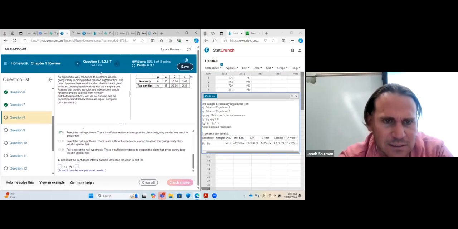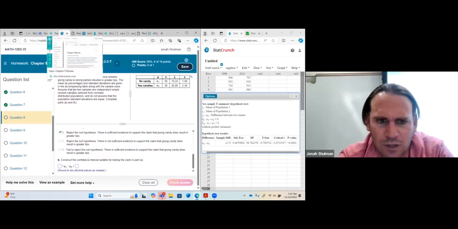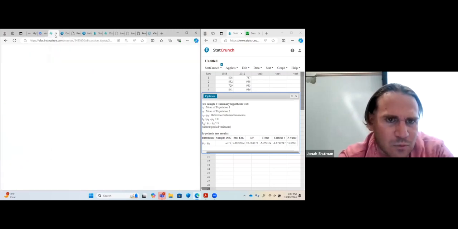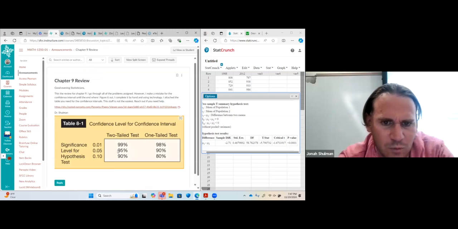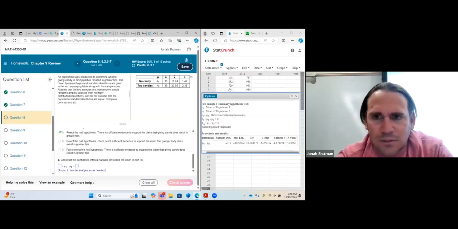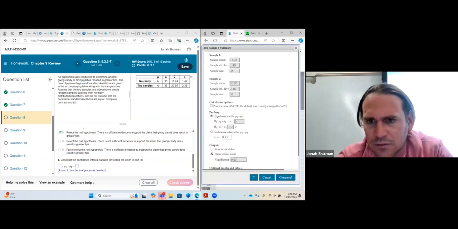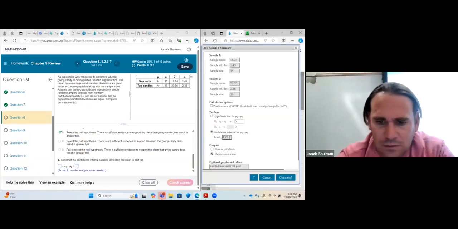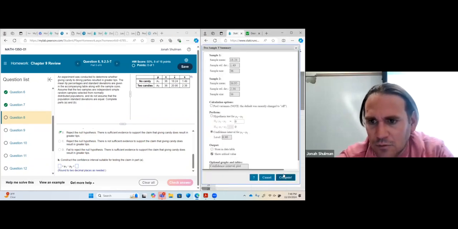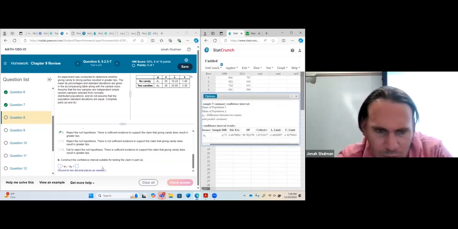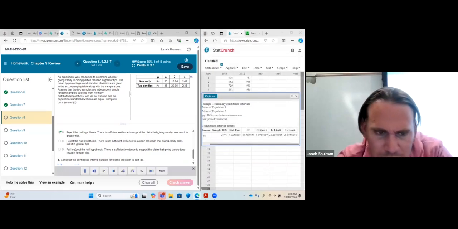All right, now we have to test the confidence interval. So we're talking one tail test at the 0.05 level. That means we are 90%. So options, edits, confidence, 90%, compute. All right, so we're talking 2 decimal places.